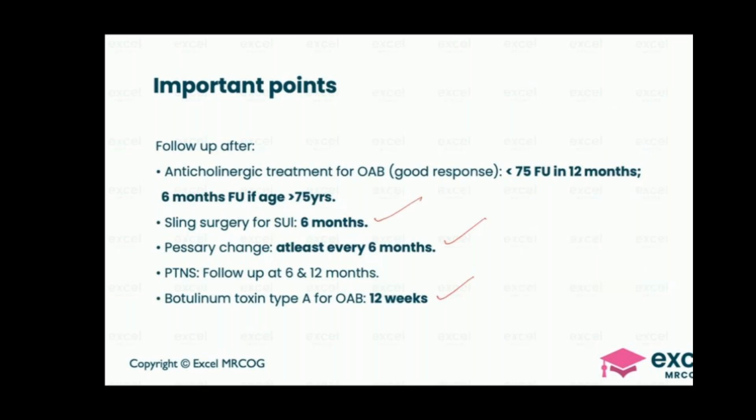So both are 6 months, and OAB drugs less than 75 is 12 months and more than 75 is 6 months. And we also saw mesh is 3 months. Mesh is the earlier one for after surgery. Otherwise, both the sling surgery for SUI and your prolapse surgery is 6 months. Mesh is 3 months. Remember that.